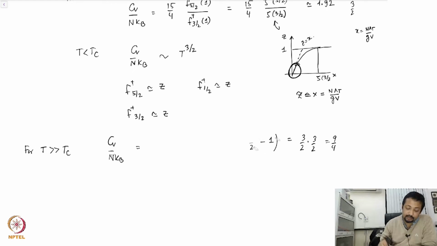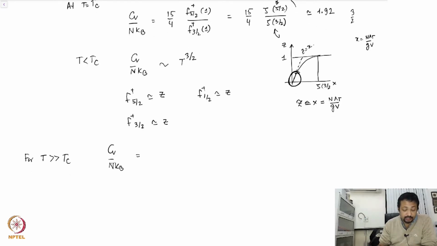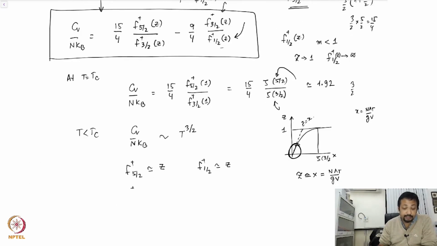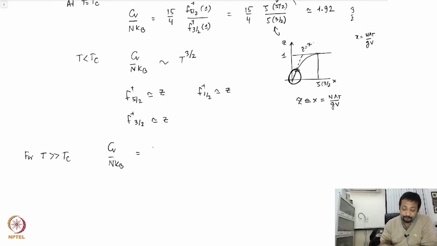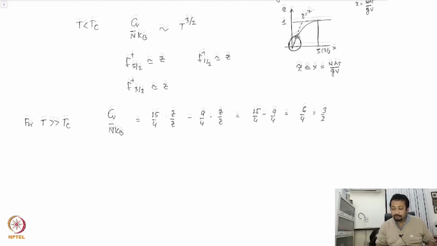I know where the mistake is. For very high temperatures, T much larger than Tc, Cv over NkB becomes 15 by 4 times z divided by z minus 9 by 4 times z divided by z, which is 15 by 4 minus 9 by 4, equal to 6 by 4, and that is exactly equal to 3 by 2. So far away from the critical temperature, you get back the classical result of the Dulong-Petit law.